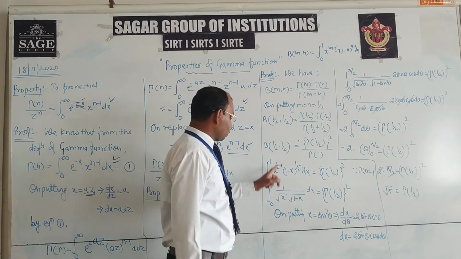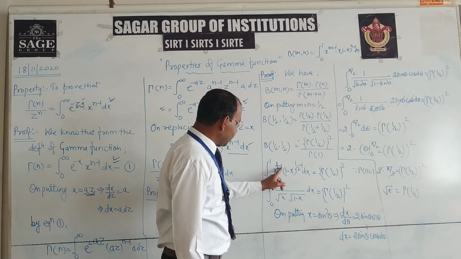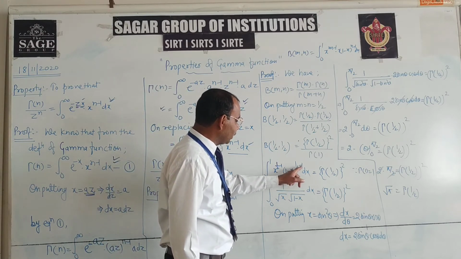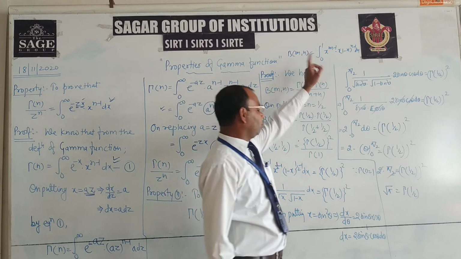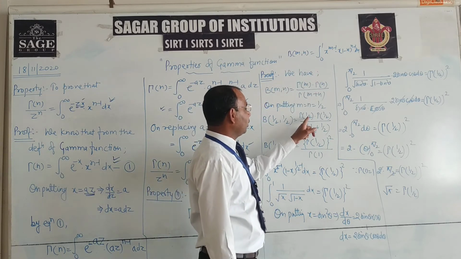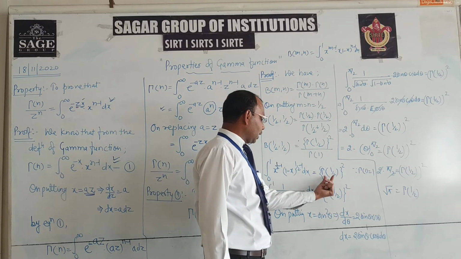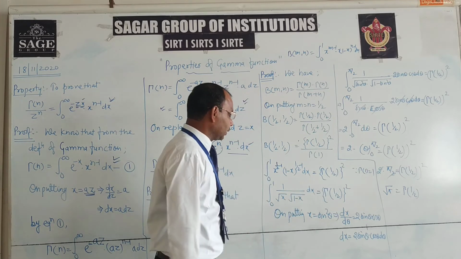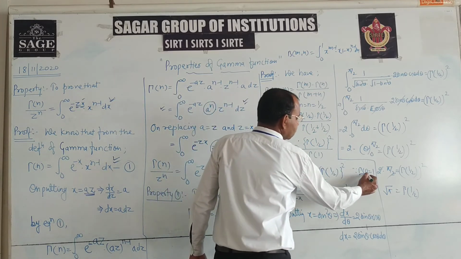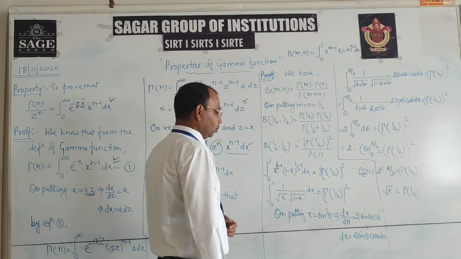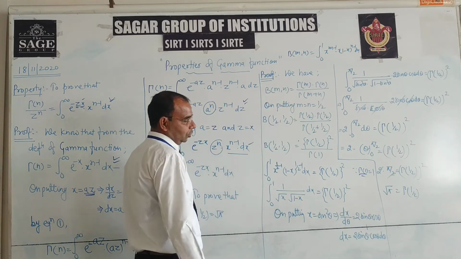So x to the power 1 by 2 minus 1 and 1 minus x to the power 1 by 2 minus 1, because of this formula. Both gamma 1 by 2 are the same, so we get gamma 1 by 2 squared, and gamma 1 is 1, as we proved in the last lecture.